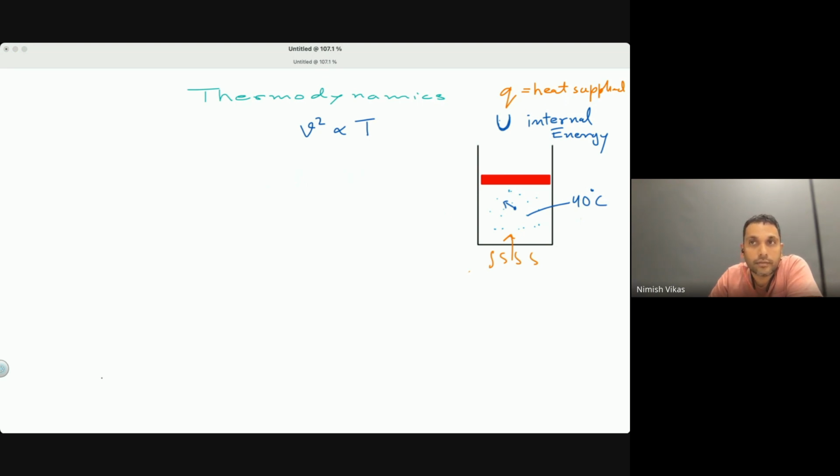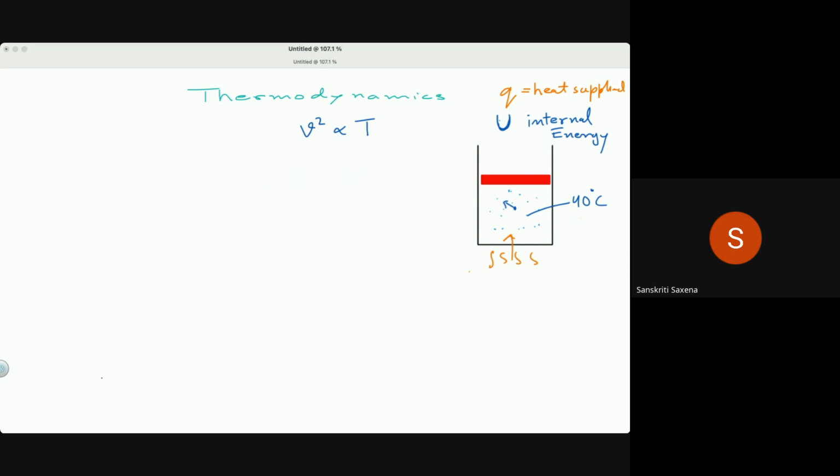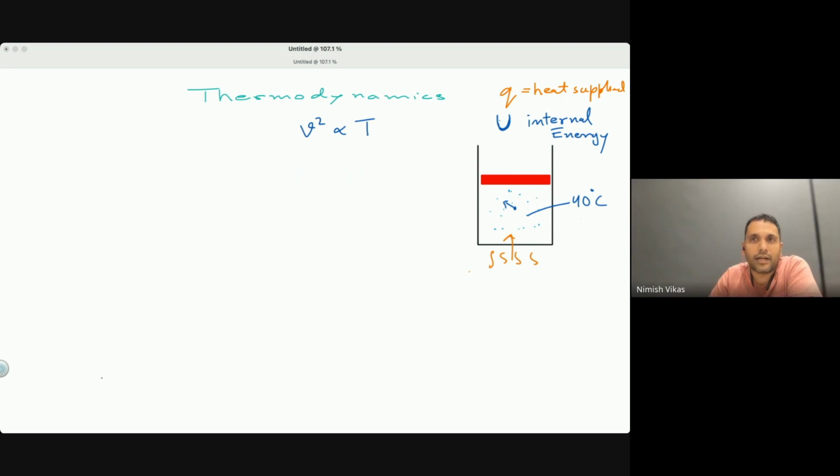At that temperature, some of the molecules will have the most probable speed, some will have low, some will have high, and there is the Maxwell distribution graph. But the sum of all the kinetic energy is your internal energy of the system at that time.